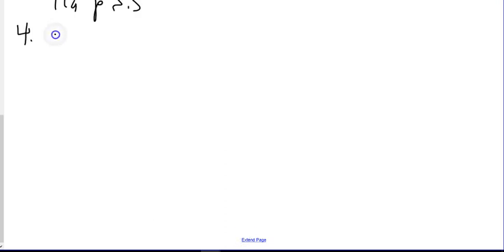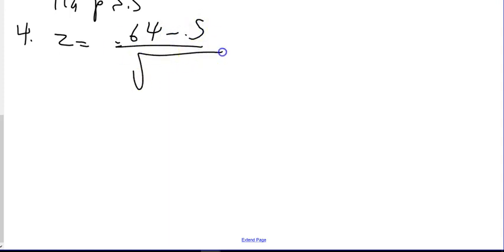So z equals p hat minus p divided by the square root of 0.5 times 0.5 divided by 50. That's a 5, not an 8. And that's going to give me 1.98.